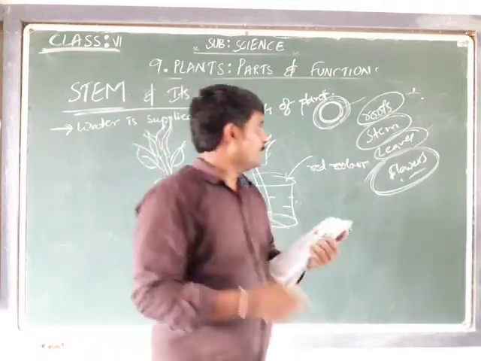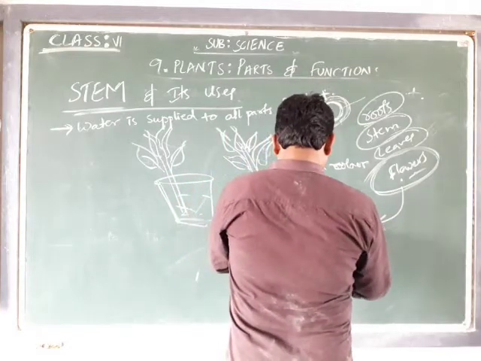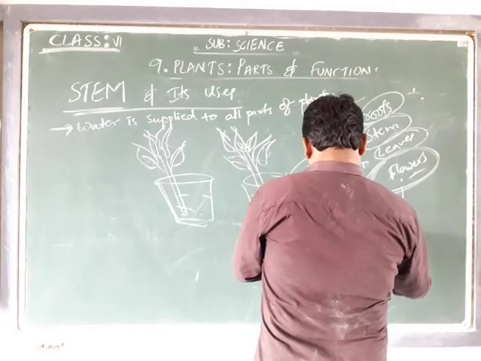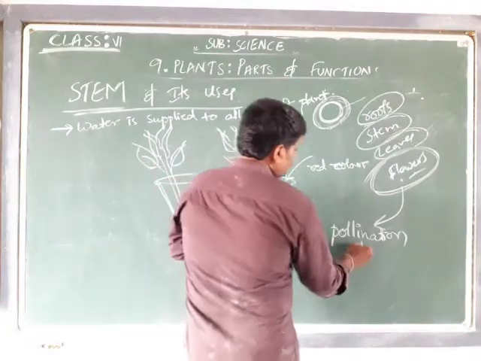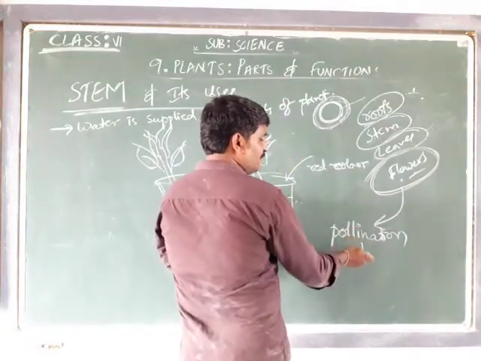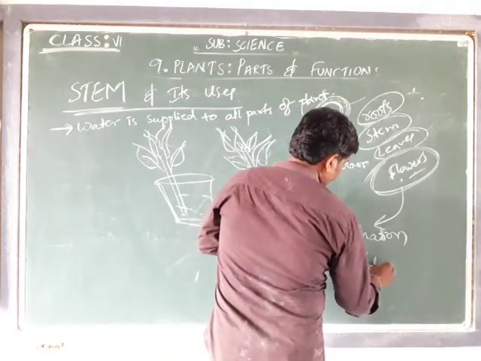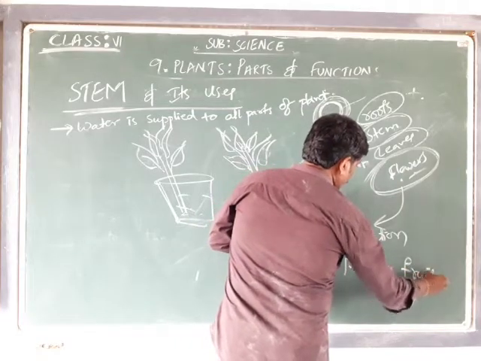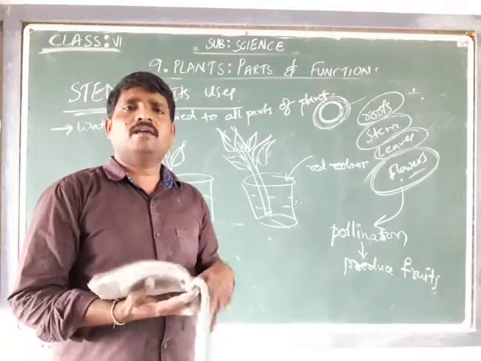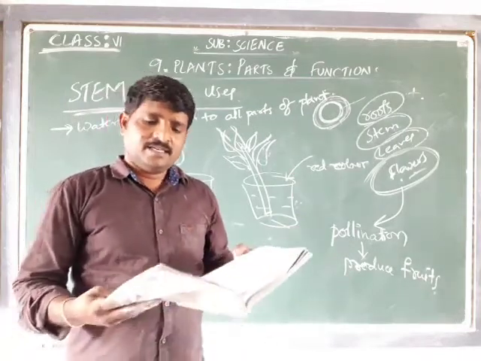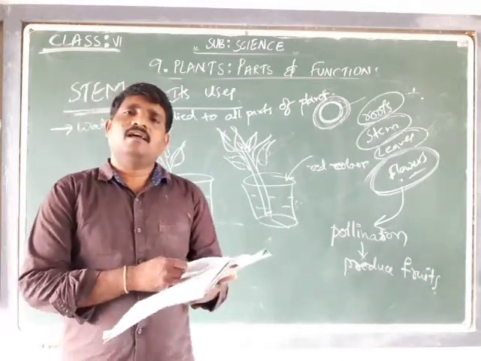Mostly the flowers do the functionality of pollination to produce fruits. This is the main functionality of the flowers. About flowers we will have a very good explanation in our next classes. This is all for today and the completion of this lesson.